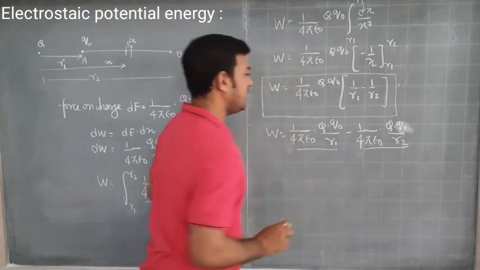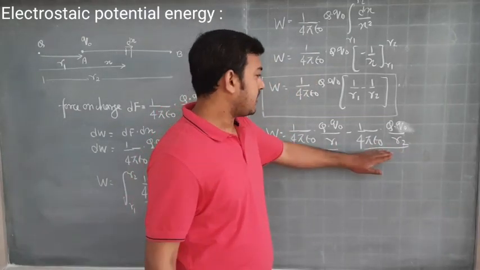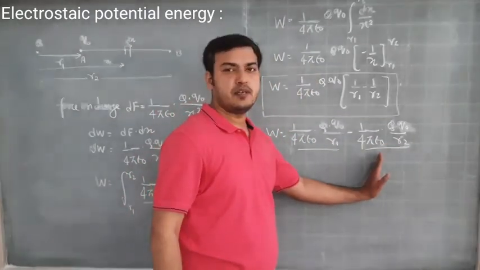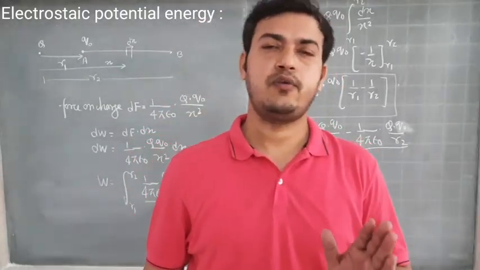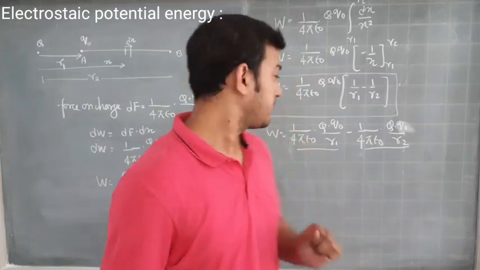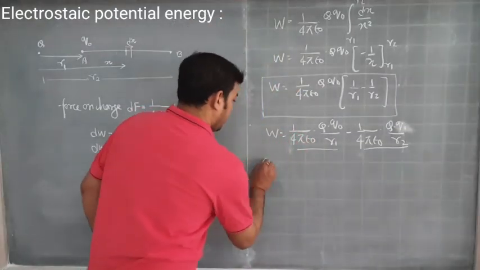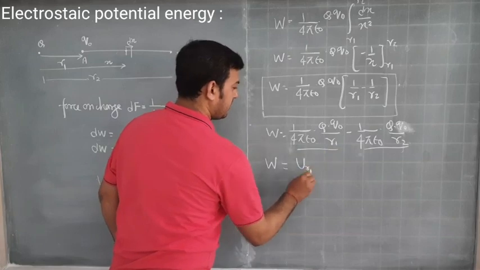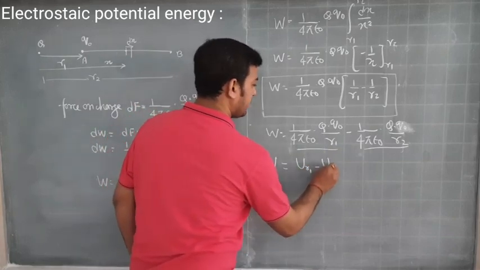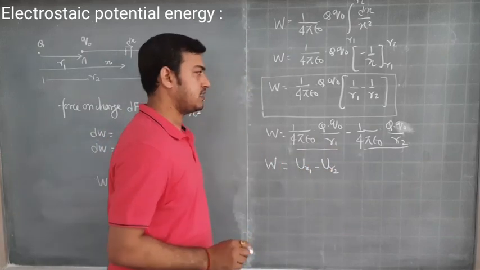And as you can see, it is the difference of two terms, and that is the difference of electrostatic potential energy. So I can write: this is the potential energy at distance R1 minus the potential energy at distance R2.